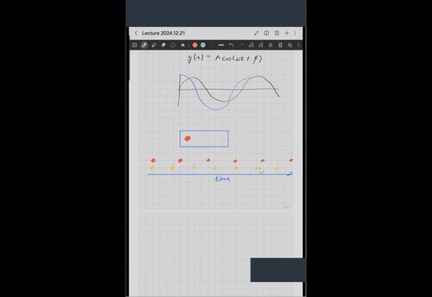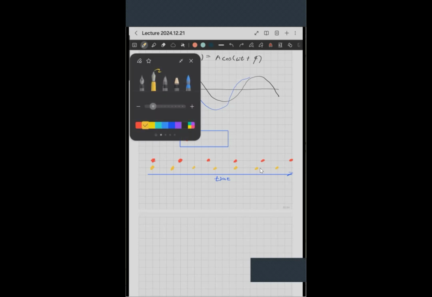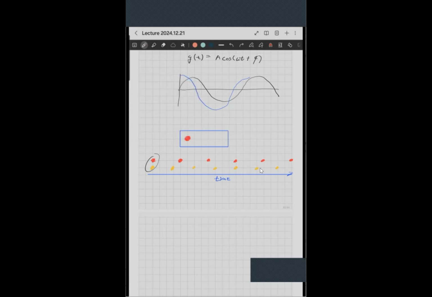So the whole idea is they blink at slightly different rates. Sometimes they start out blinking at the same time. And then sometimes it looks like one blinks a little bit later. It looks like this one blinks first and then this one blinks second, and then they look completely out of sync, and then they come back into sync again.